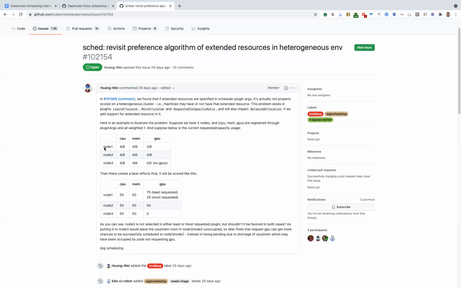And I just want to also add some caveats here. The best practice is actually that you would add taints on nodes that have GPUs, and so the other nodes shouldn't actually be considered at all in the scoring phase.